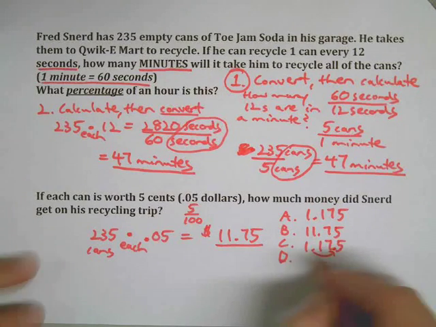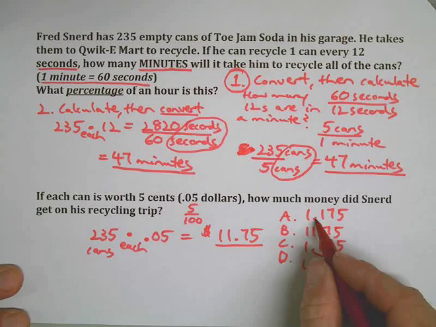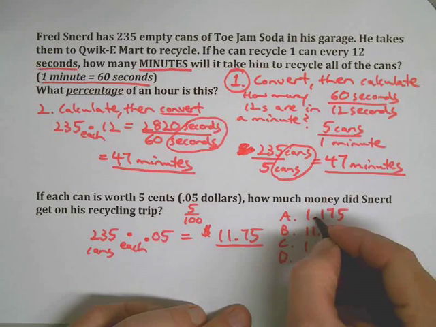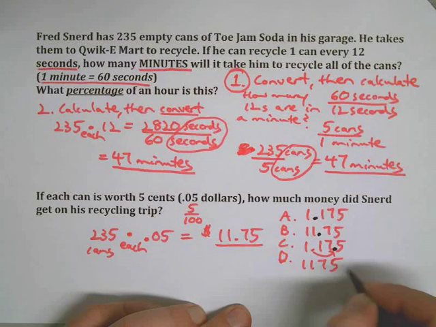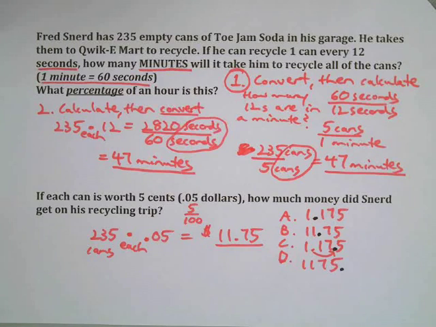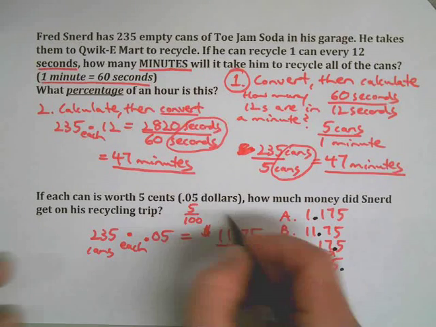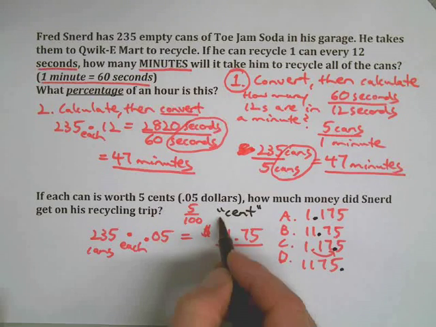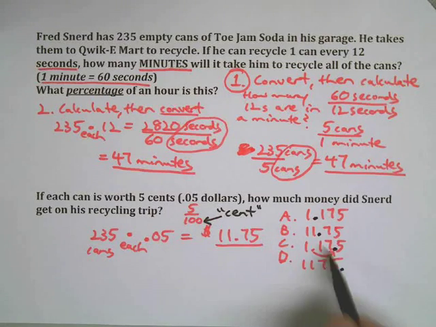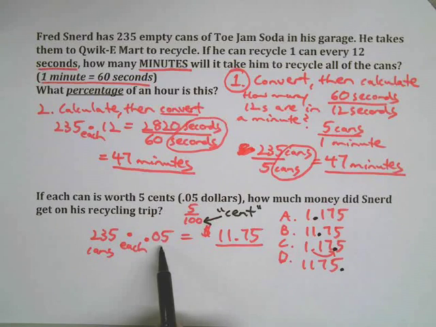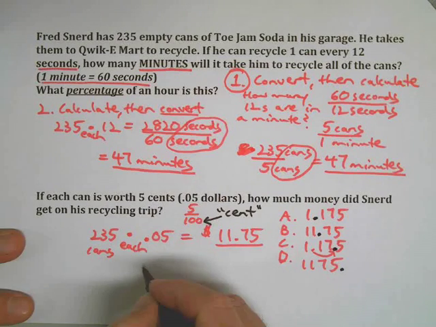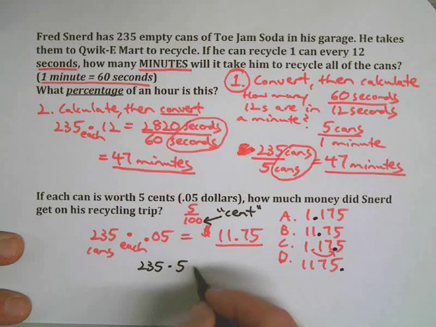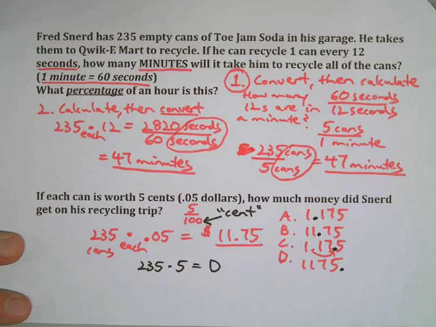Now if you're not aware of literally what cent means, which means out of 100, you might get the decimal in the wrong place even if you're doing the correct calculation. For example, if you just go 235 times 5 cents each, you would get the answer D, which is wrong.